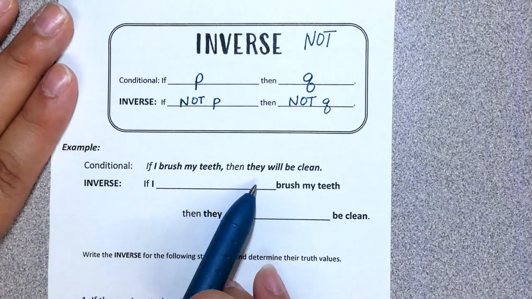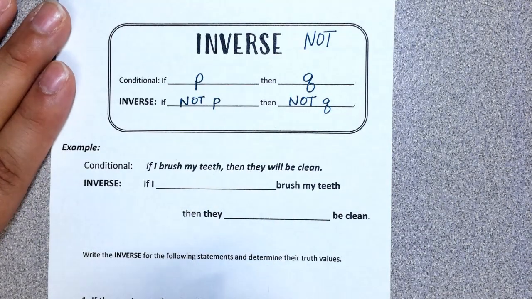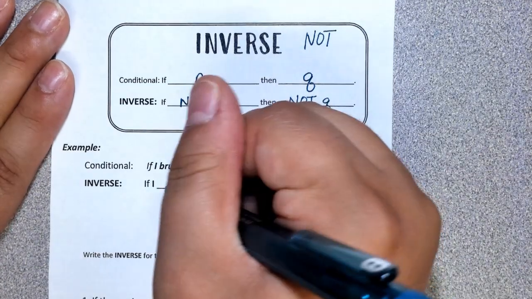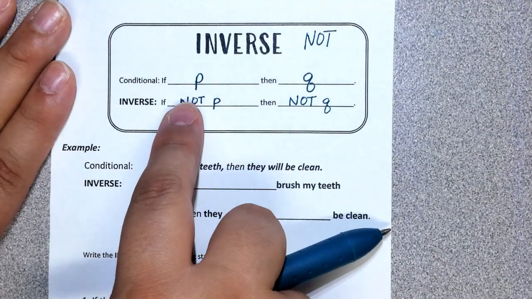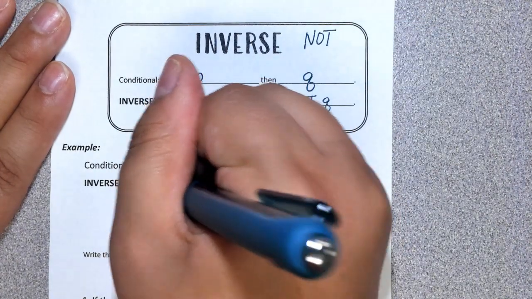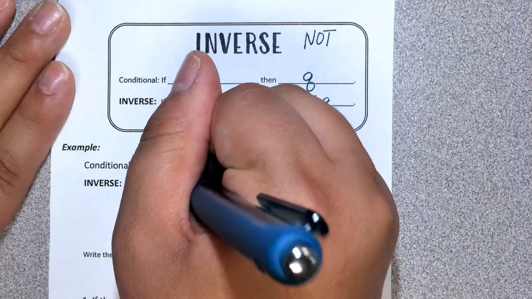So, if I brush my teeth, they will be clean. True or false? True. What would be the inverse of that? What do I add to it? If I do not, or not, if I don't, either one of those works.